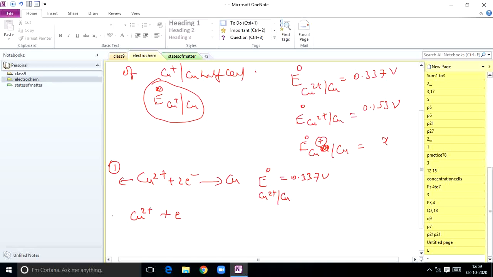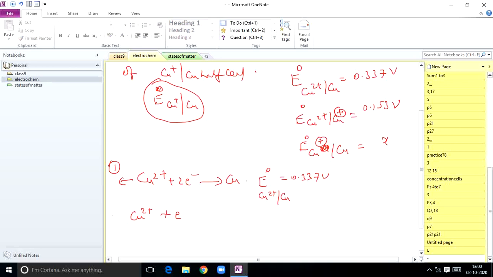Cu2 plus to Cu. Both are same I have written, right? Cu2 plus to Cu first one, second one Cu2 plus to Cu plus, students, correct it. Here I am correcting. See here, this is Cu2 plus to Cu plus.